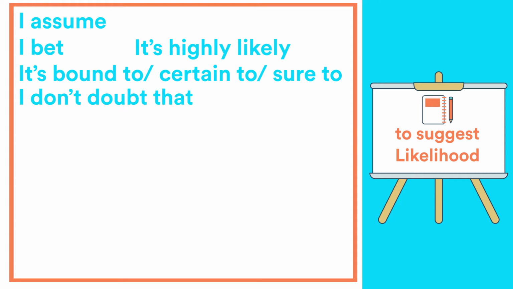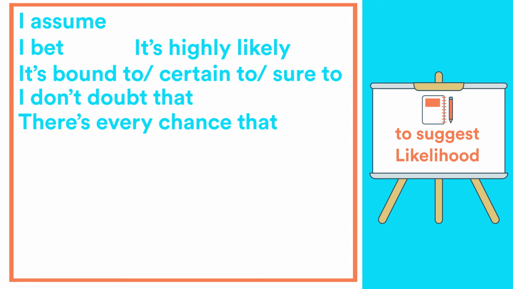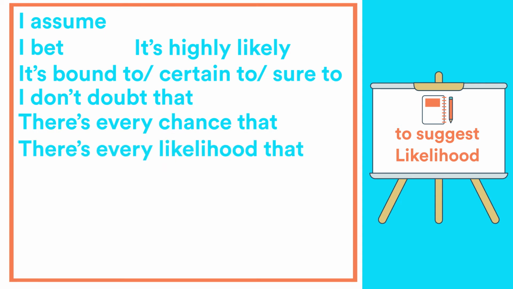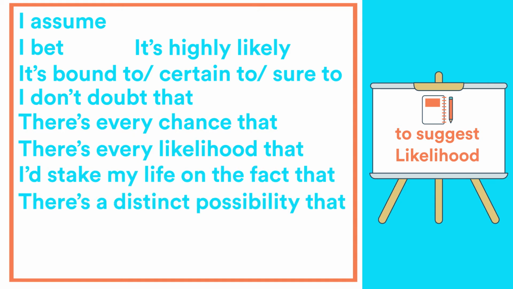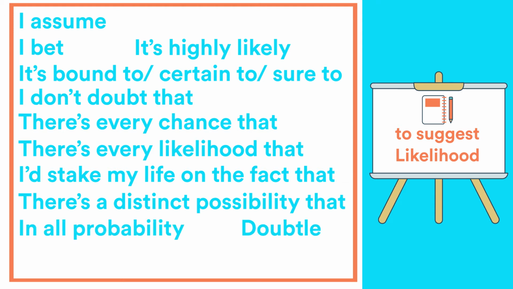I don't doubt that. There's every chance that. There's every likelihood that. I stake my life on the fact that. There's a distinct possibility that. In all probability, doubtless, the chances are that.